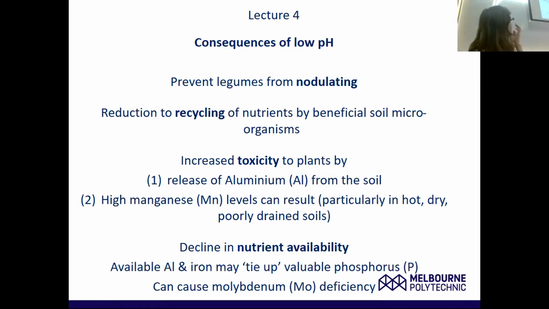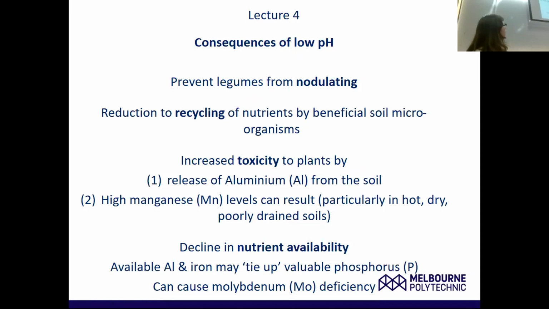We have a release of aluminium when your soil is very low in pH, and also manganese, particularly in hot, dry, and poorly drained soils. And you can get aluminium toxicity and then manganese toxicity, both of which are not good for your plants. You have a decline in nutrient cycling, and therefore you have a decline in nutrient availability.